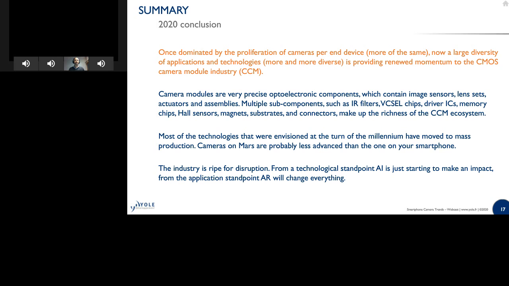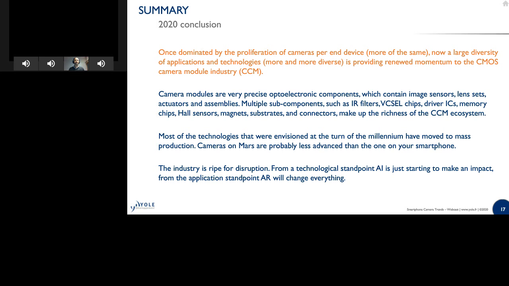Right now, the camera modules are very precise optoelectronic components. They contain many subcomponents: image sensor, lens, actuator, and assemblies, multiple assemblies, IR filter, VCSEL, driver ICs, Hall sensors. This is really connectors. This is making the ecosystem extremely rich.